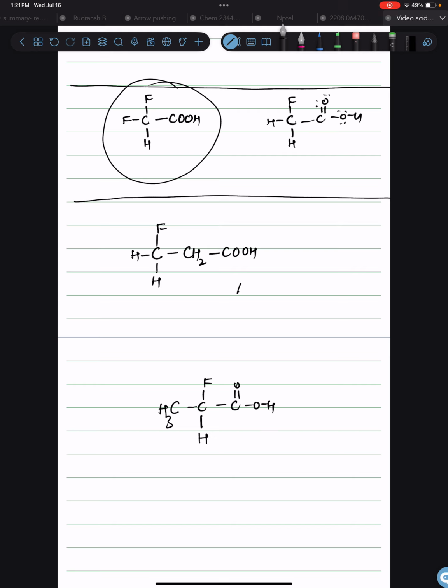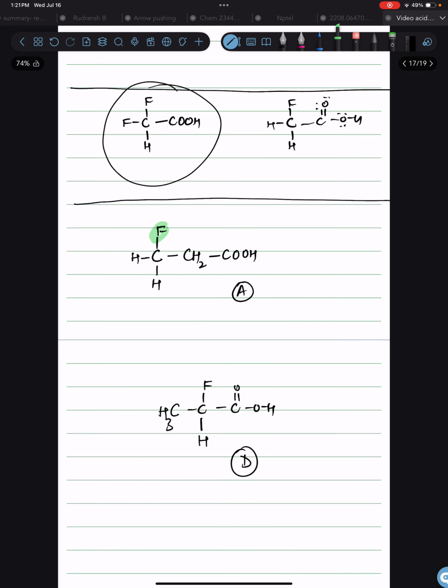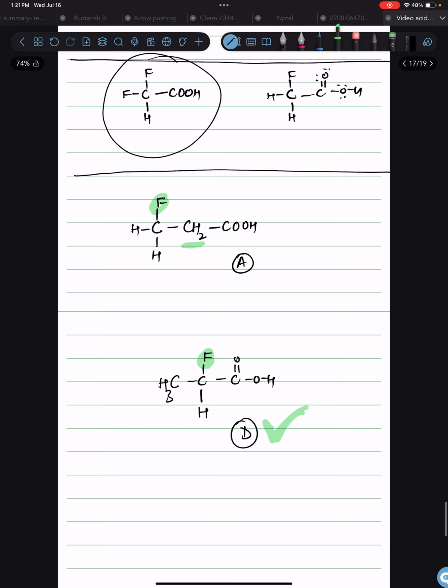So in the case of A and D, in A the fluorine is separated by a CH2 group from the carboxylate group. In D it is directly connected, so it can create a better pull. So D is more acidic as compared to A, because here the atom which is pulling the negative charge towards itself is nearer to the carboxylate group or the carboxylate anion.